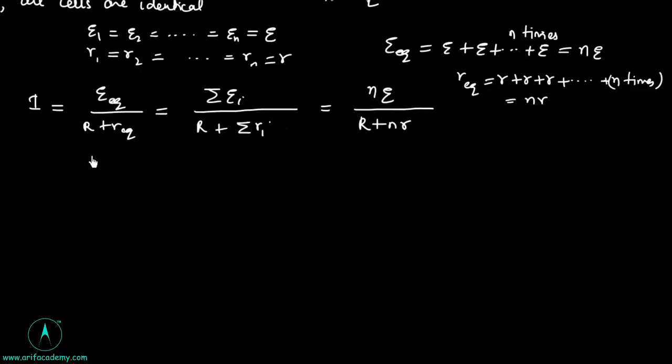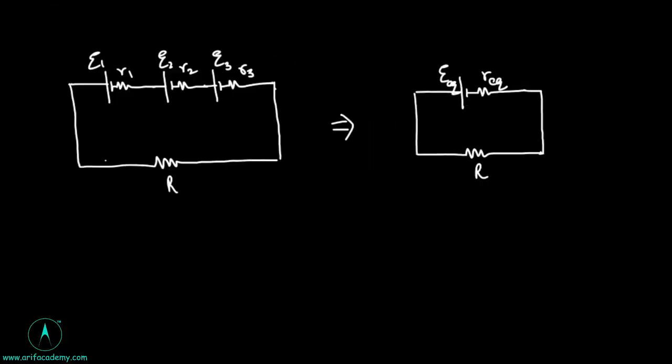Here we have three cells in series, with the polarity as shown, and we have an equivalent cell of these three cells. Equivalent means these three cells provide the same current as the single cell to the same external load, so same current.